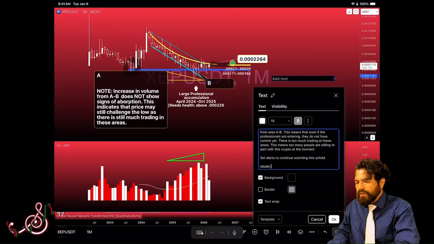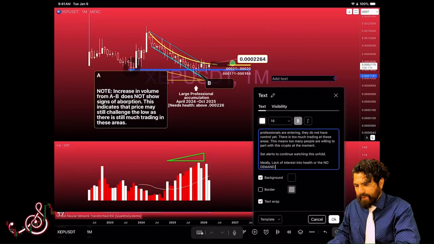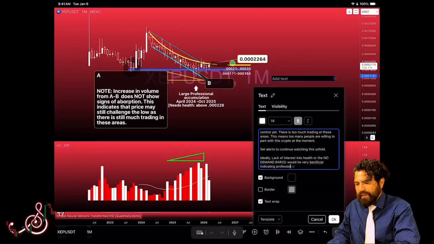Ideally, lack of interest into health, or the no demand bar, it's called the no demand bar or bars, would be very beneficial, indicating professionals have absorbed supply.